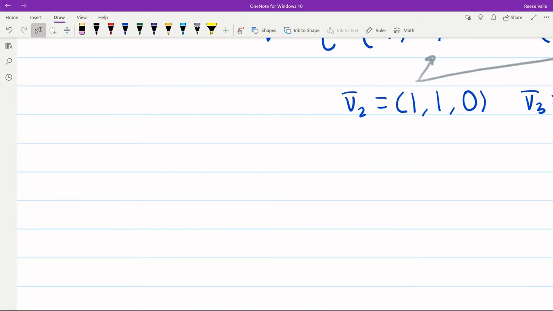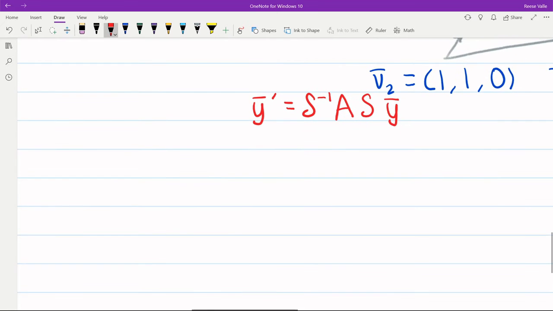So now we're going to go back and use the equation I wrote at the beginning. The derivative of the y vector equals S inverse times A matrix times S times the y vector.